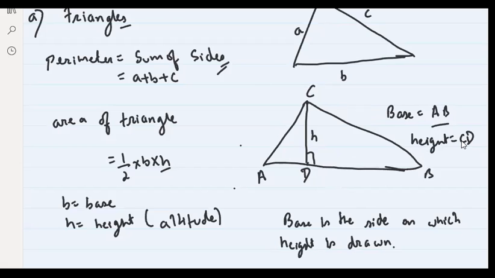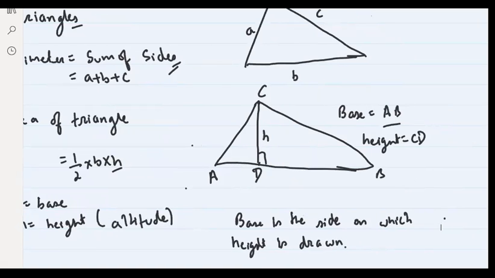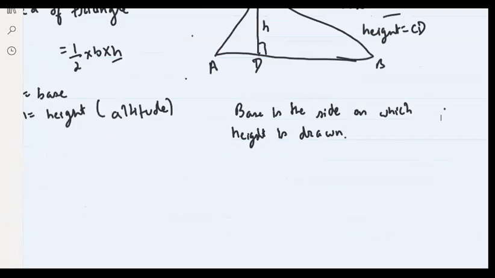Now, this is for any triangle because I'm talking about a scalene triangle. This is for any triangle. Very good, everyone. All of you are getting this? Now think about it. We have some special cases of triangles.